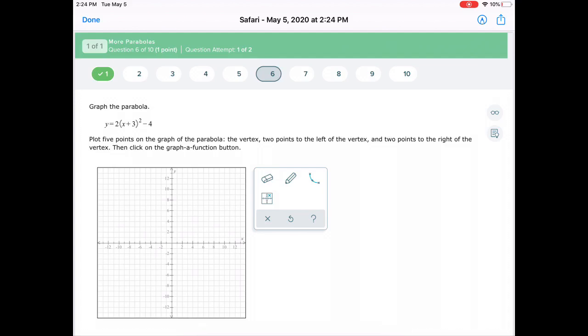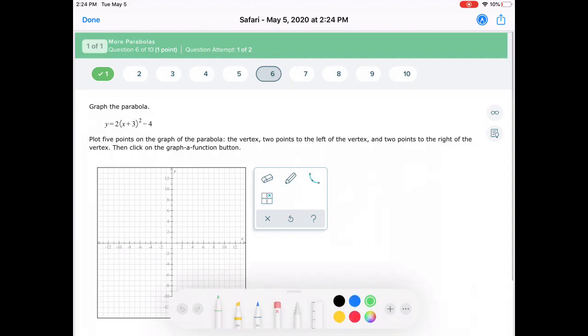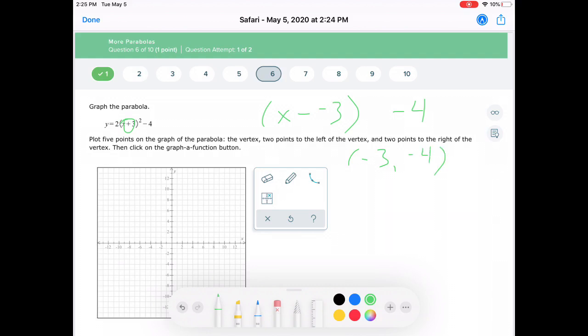So let's go ahead and look at, first of all, the vertex. So remember, we're looking at what is being subtracted from the x, and in this case it's -3 because we see the plus sign there. So -3 is going to be our x coordinate and -4 is going to be the y. So our vertex is -3, -4.